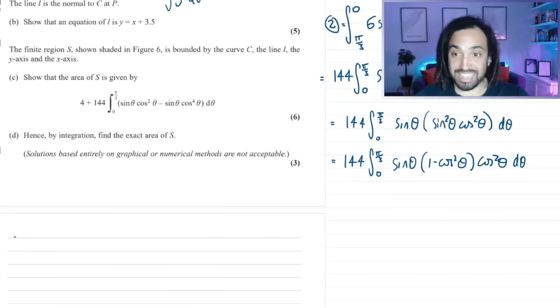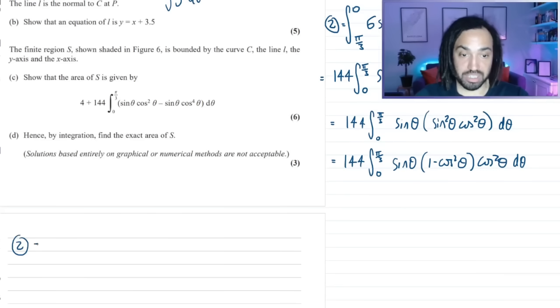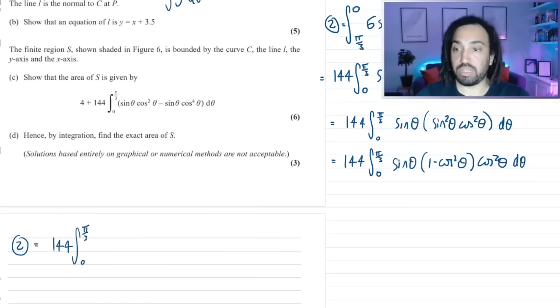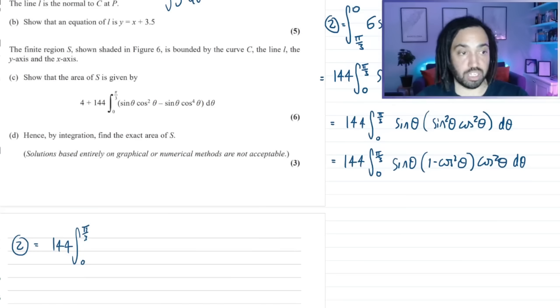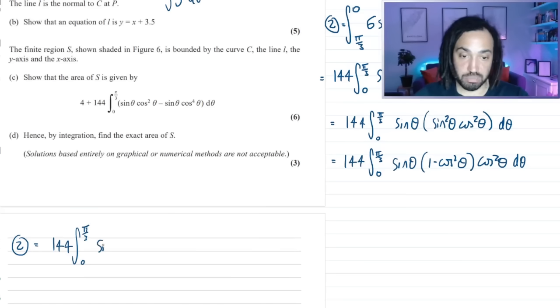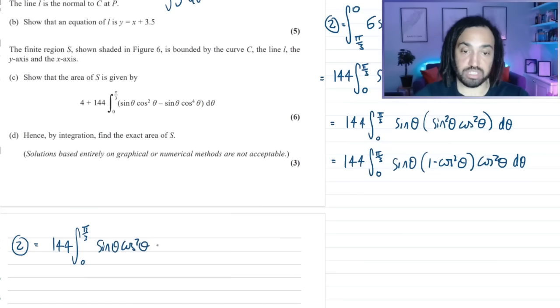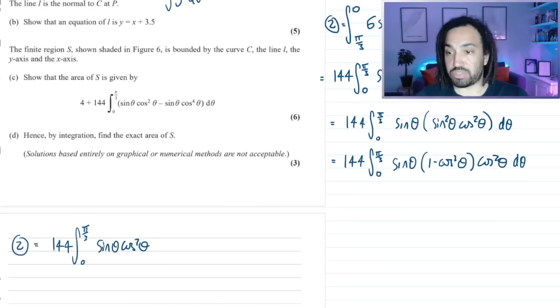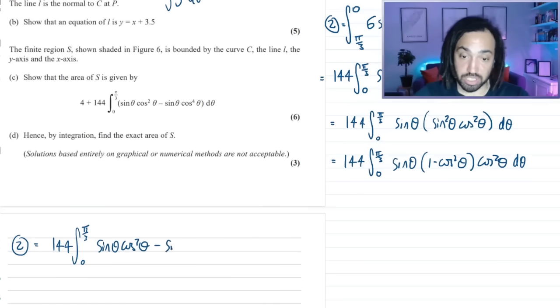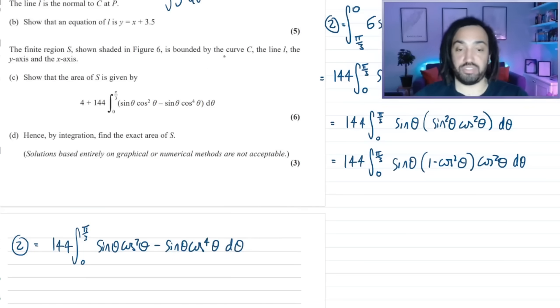Okay, so this is now still region 2, and this is equal to 144 times the integral from pi over 3 to 0, and then we can multiply this out now. So we get sine times 1 times cos squared. It's just going to be sine theta cos squared theta, and then we're going to get sine times minus cos squared times cos squared is going to be minus sine theta cos to the power 4 theta d theta.